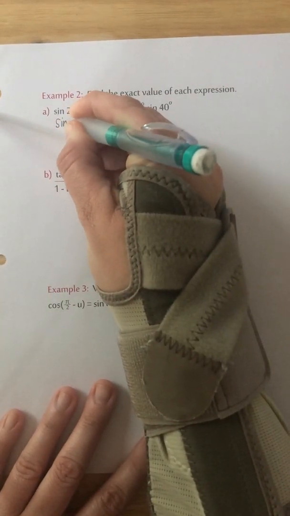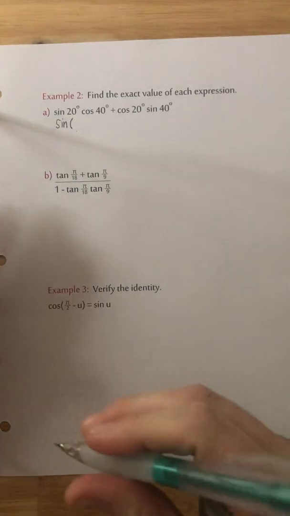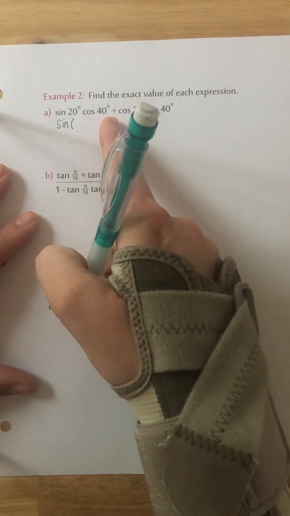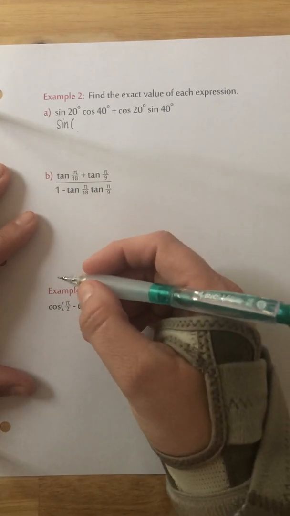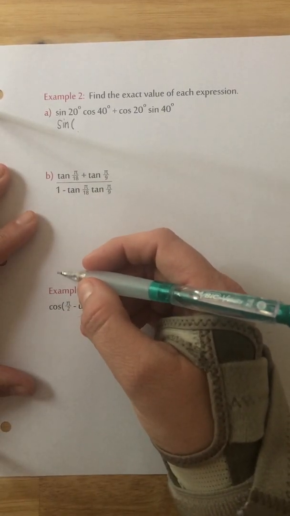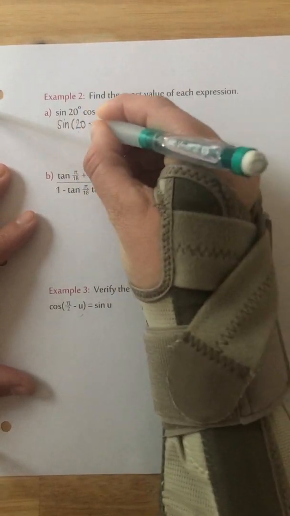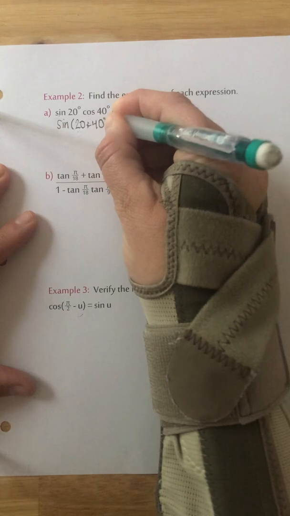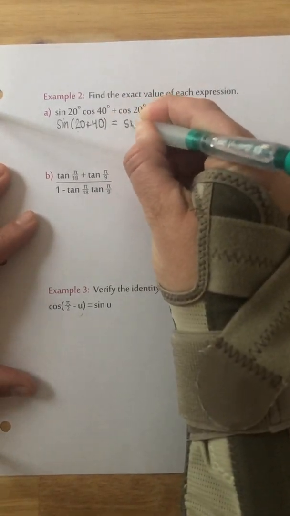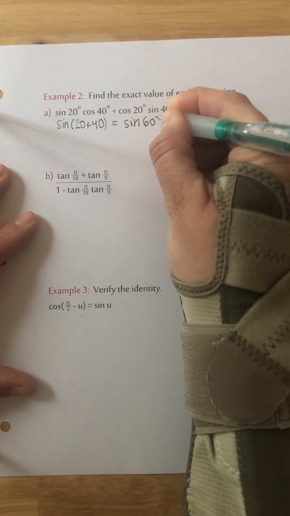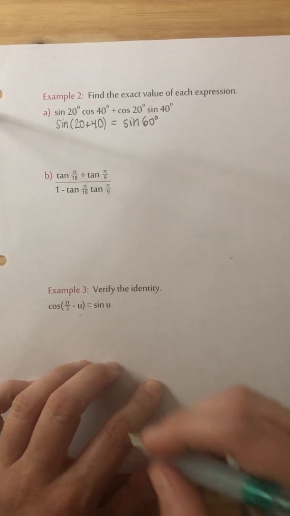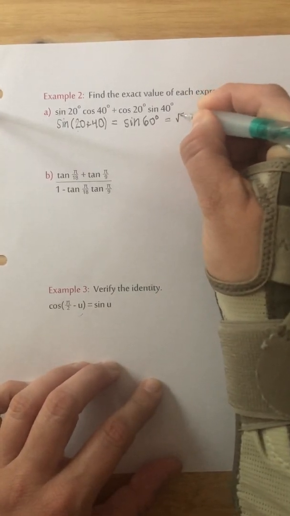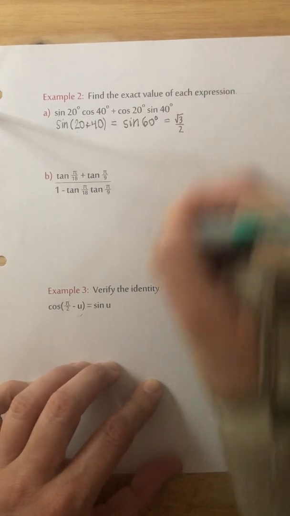And remember, with sine, whatever sign is in your problem, that is what your formula is. So because I see addition, this is the addition formula, where we're going to be adding the 20 and the 40 together, which now means we have sine of 60 degrees. And good news, that one is a unit circle value, so sine of 60 degrees. We're looking for the y-coordinate, and that is the square root of 3 over 2. So that one's pretty easy.